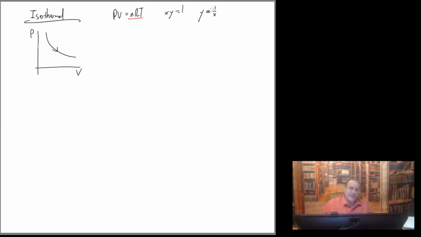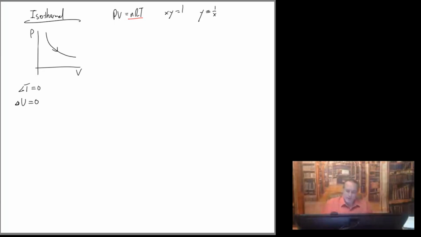In this case, delta T is equal to 0, and that means delta U is also equal to 0. Remember, internal energy is the kinetic energy of the gas, and if the average kinetic energy doesn't change, then the total energy doesn't change either.